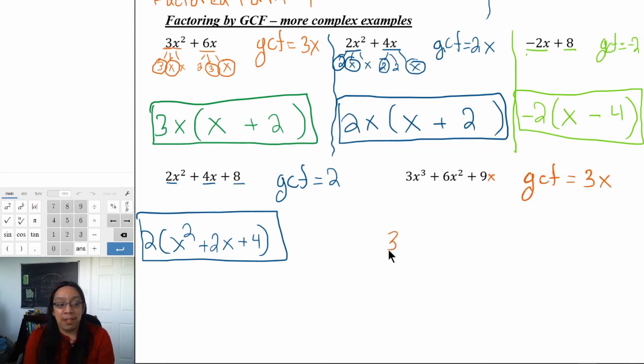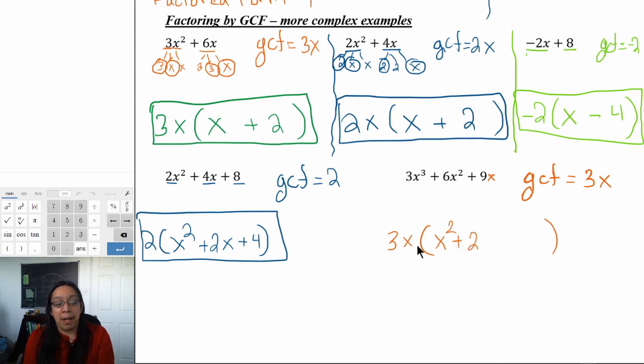So let's go ahead and start the factoring process by dividing out 3x from all three pieces. So 3 divided by 3 is 1. X cubed divided by x, you're simplifying out 1 x, so all you have left are 2 of them, so just x squared. 6 divided by 3 is 2.